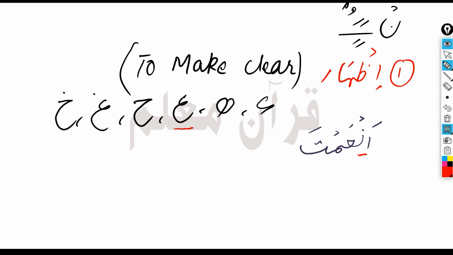So with the noon sakin here, we can't do ghunnah because ayn is an izhar letter. We make it clear. We show the sound. We don't hold the sound. We read it as it is without any change. So we don't say an'amta with ghunnah. We read it an'amta.